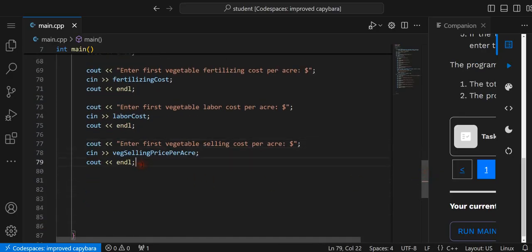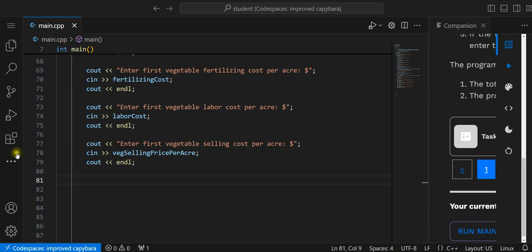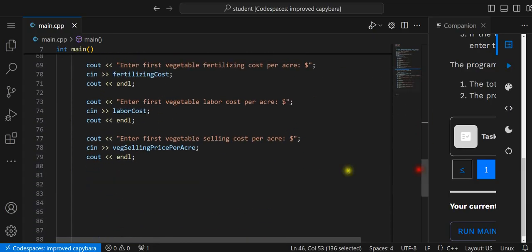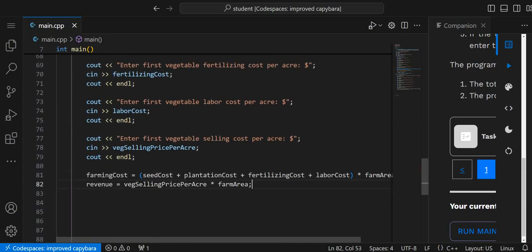So let's go down to the end of this one. Now we'll go ahead and do farming costs equals the same thing. Yeah, farming costs. So just there. Copy this. All right, so we got farming costs equals seed costs plus plantation costs and fertilizer costs plus labor costs.